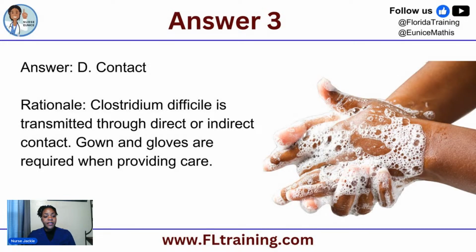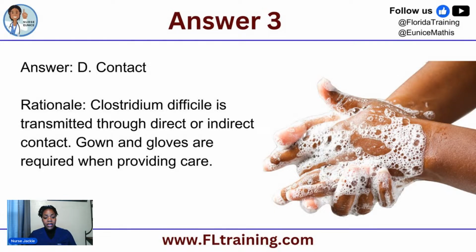Clostridium difficile is transmitted through direct or indirect contact. Gown and gloves are required when providing care. One quick thing about C. diff: sometimes people have very explosive diarrhea with it. It may not be explosive, but they have a volatile diarrhea.